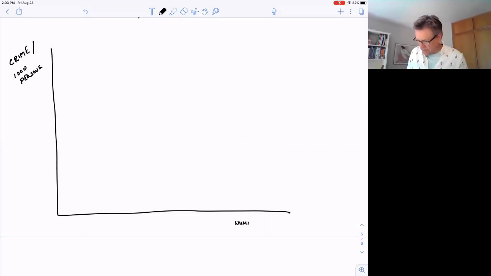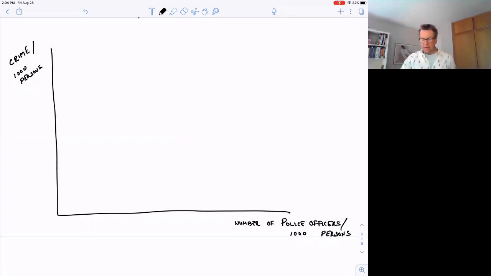So number of police officers over here. And this is usually done the same way. It's like per 1,000 people. So per 1,000 persons.